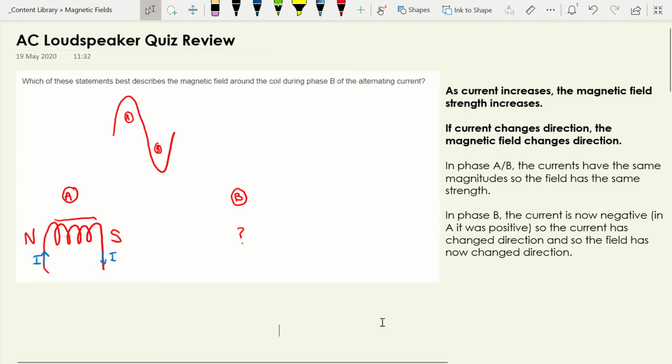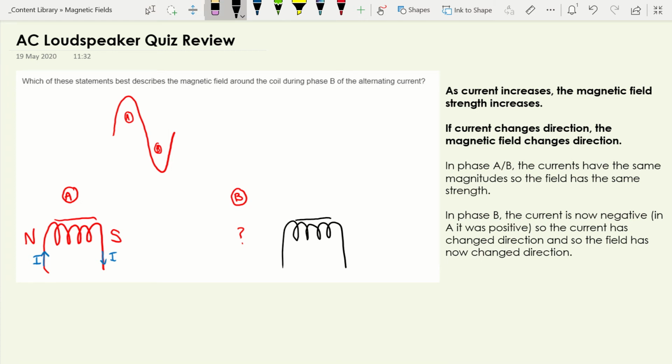So in B, if I just draw a field, so here's our coil. It has a soft iron core in it. So now what's happened is our current is now going this way. So our current is now going the opposite way around. And what that means is the North Pole is now over here and the South Pole is over here.